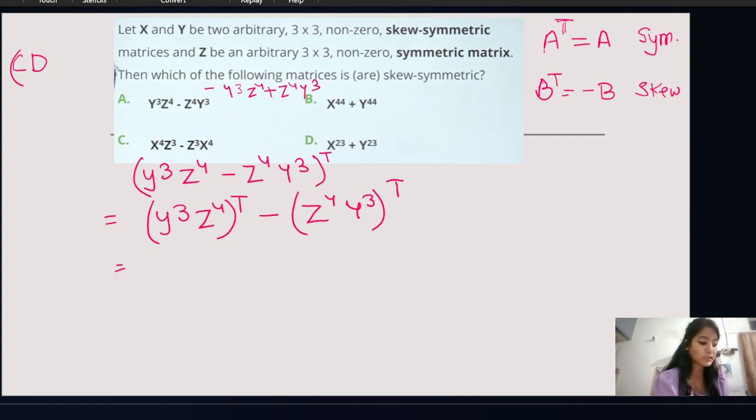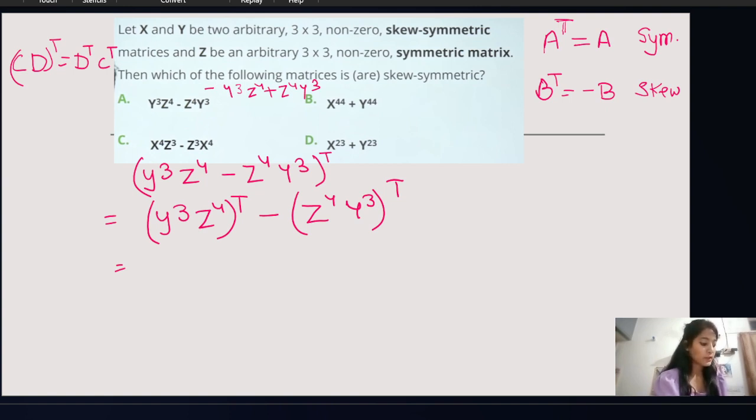Suppose we have CD and we want to find the transpose, we have to write D transpose C transpose. We have to interchange the position. If it is CDE, then it will come as E transpose D transpose C transpose, like this.